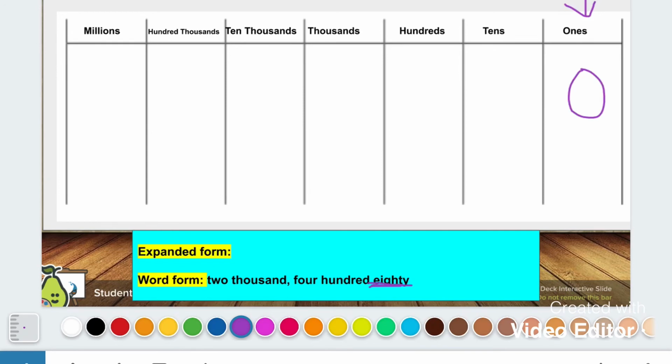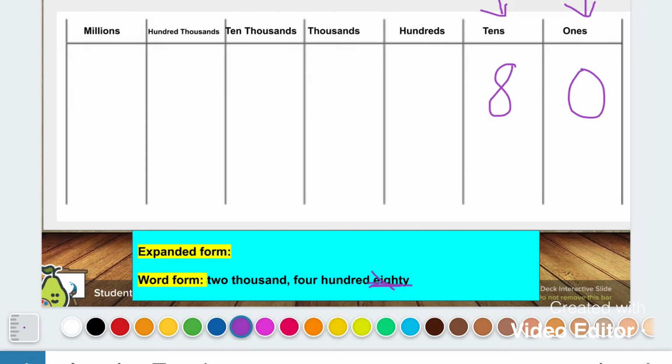What place value represents the number 80? Yeah, the tens. 8 tens is the same thing as saying 80. Repeat after me. 8 tens is the same thing as saying 80. Good job. Same as before, if you guys want to cross out which parts of the number you use, you are more than welcome to do so.